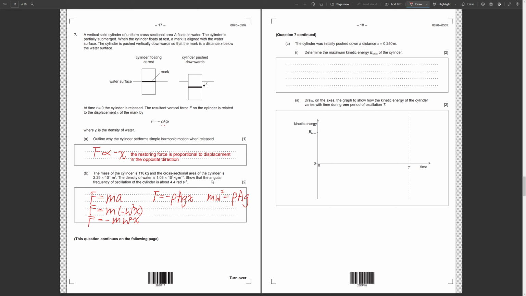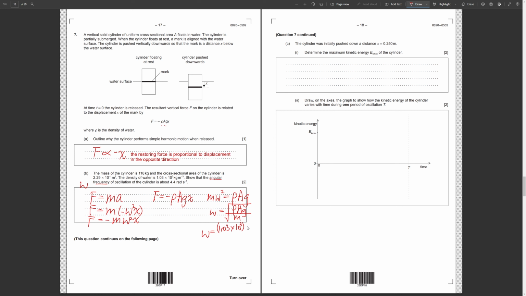Right now, our target is the angular frequency, which means omega is our unknown. Let's make omega the subject. It will be the square root of rho A g over m. Rho is given as 1.03 times 10 to the power of 3. A is also given.